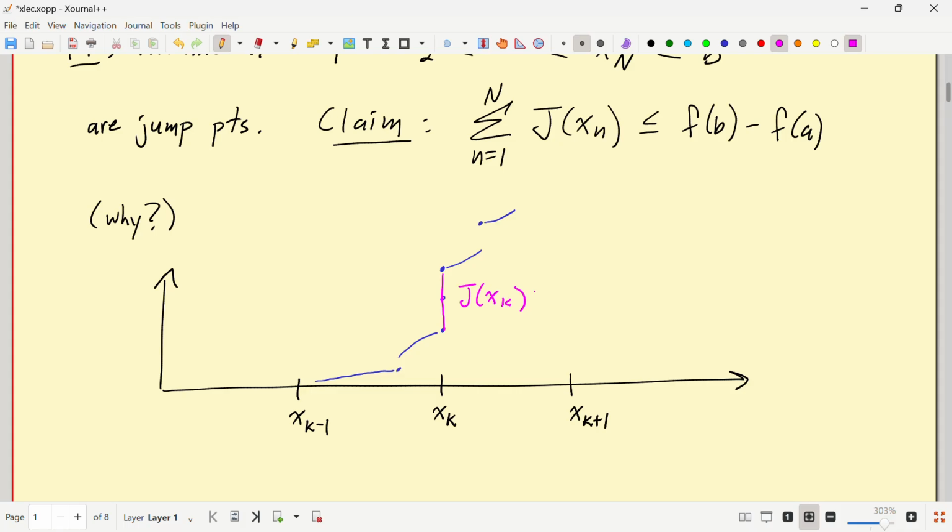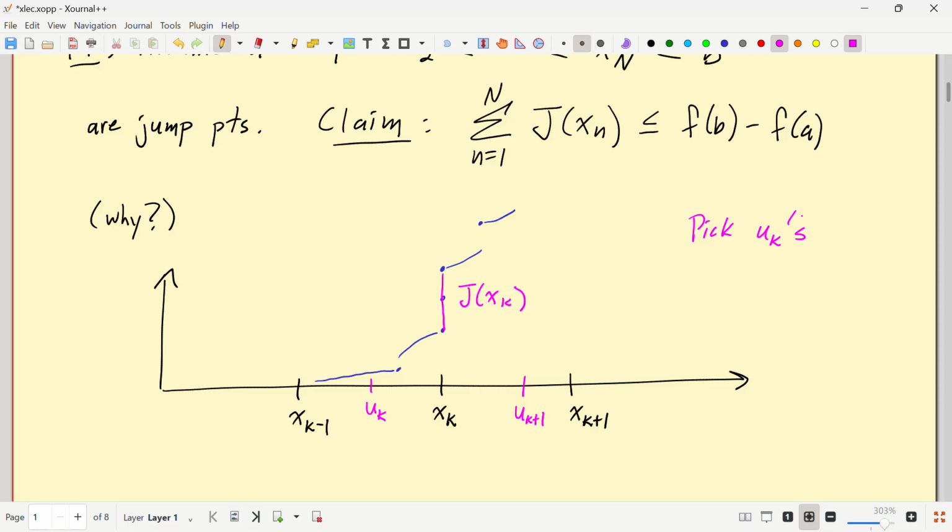Well, if I pick any value over here, I'm going to call this one u sub k. Just pick any old thing here, u sub k. And pick any old thing here, u sub k plus 1. So the u sub k's are just between the two of those things.